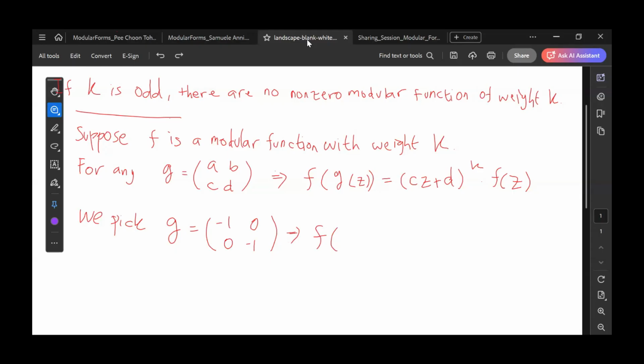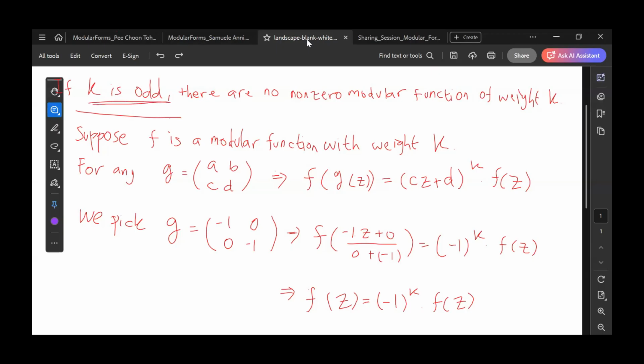So gz here is minus 1 times z plus 0 over 0 times z plus minus 1, which is equal to z, which means that f(z) is equal to (-1) to the power of k times f(z). And since k is odd, it means that f(z) is equal to minus f(z), which means that f(z) must be 0.